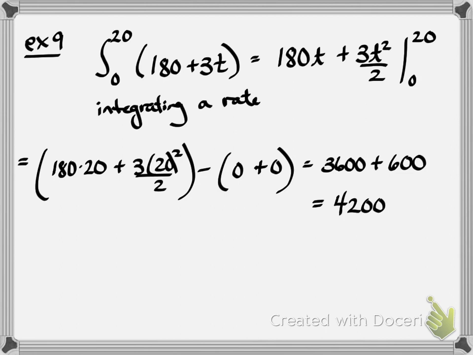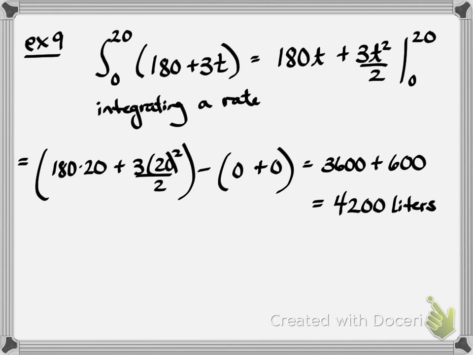So the amount of chemical that flows into the tank during the first 20 minutes is 4,200 liters. So that would be the net change. That's how much the amount of chemical in the tank changed from 0 minutes when it was empty to 20 minutes. It changed by 4,200 liters.